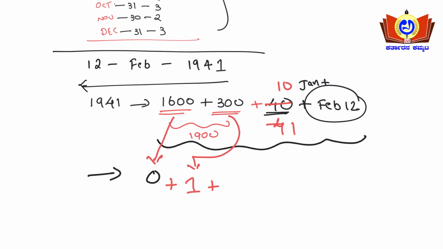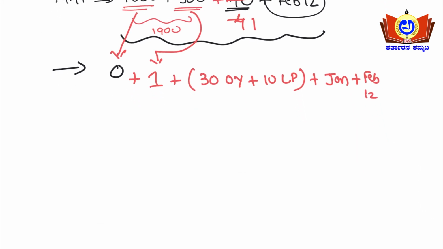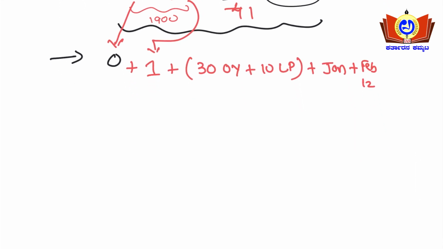So in particular 40 years there will be 30 ordinary years and 10 leap years, and January month, so till February 12th. Got it, guys? How I wrote it? Okay, if you don't follow, kindly pause the video and rewind it, and then watch it. Okay, so here 0 plus 1 plus, so 30 ordinary years.